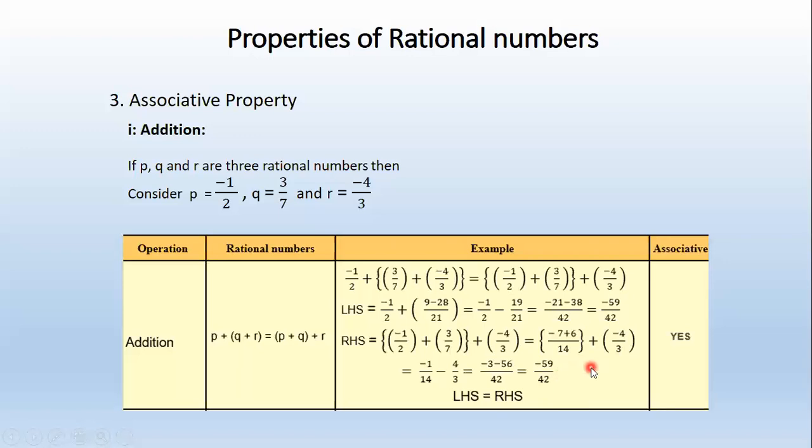So now we can see that the LHS value is minus 59 by 42, and the RHS value is also minus 59 by 42. So we can say that the associative property is true for addition. That is, (P plus Q) plus R is equal to P plus (Q plus R).